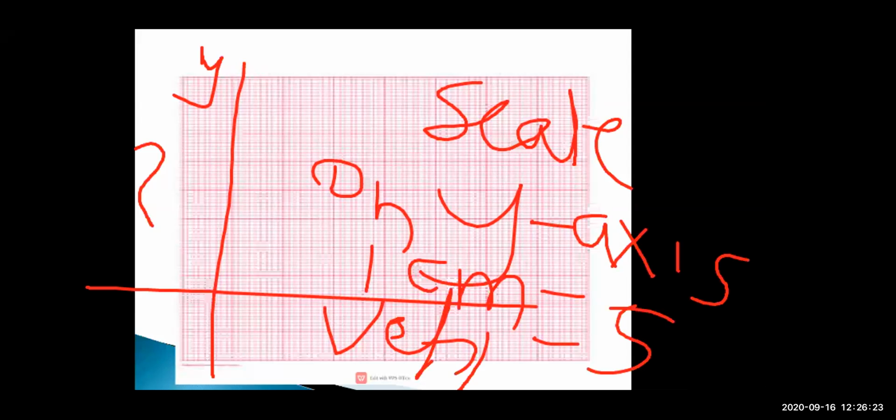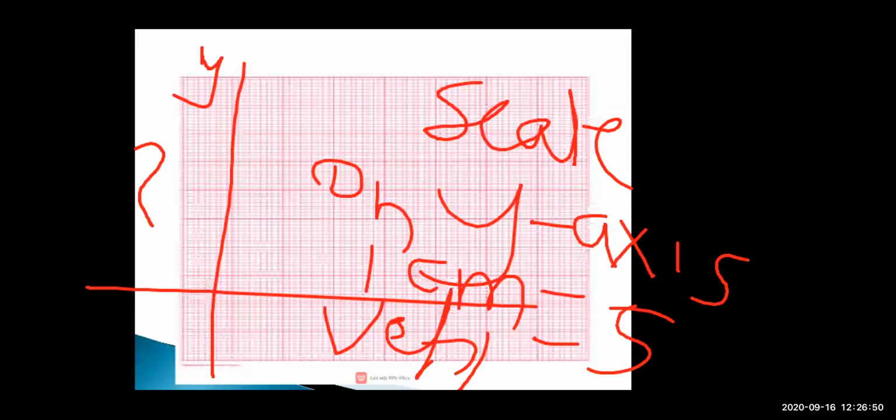Now how are you going to write the scale? The scale should be written on the right side. After that, the scale is given on the y-axis. So your statement should be: on y-axis, then downward, 1 centimeter equal to 5 vehicles.